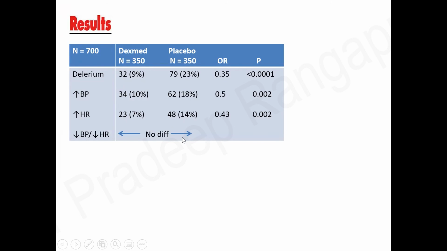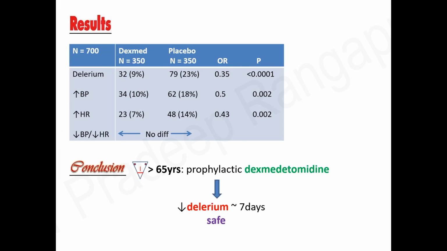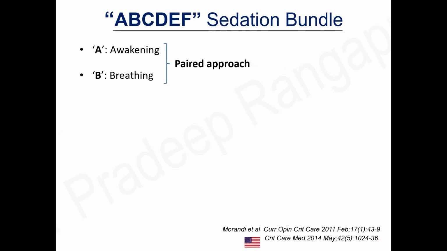So this study overall is a hugely positive study where dexmedetomidine seemed to have a very favorable effect on the hemodynamic status also, and in mitigating the delirium component. So that is the basis. The conclusion they made was that in patients more than 65 years who underwent non-cardiac surgery, prophylactic dexmedetomidine was shown to reduce delirium at 7 days and was found to be safe.